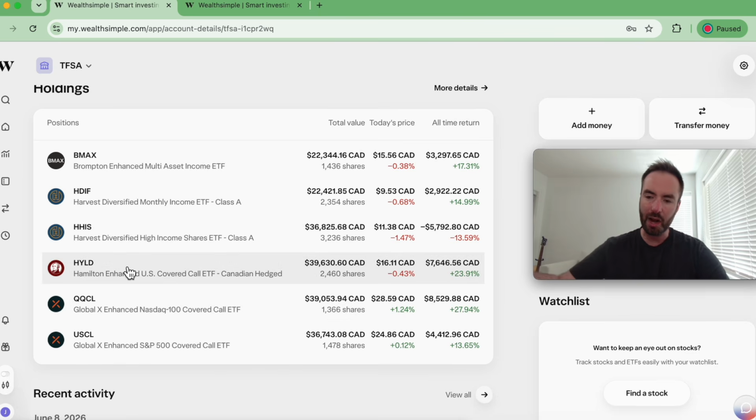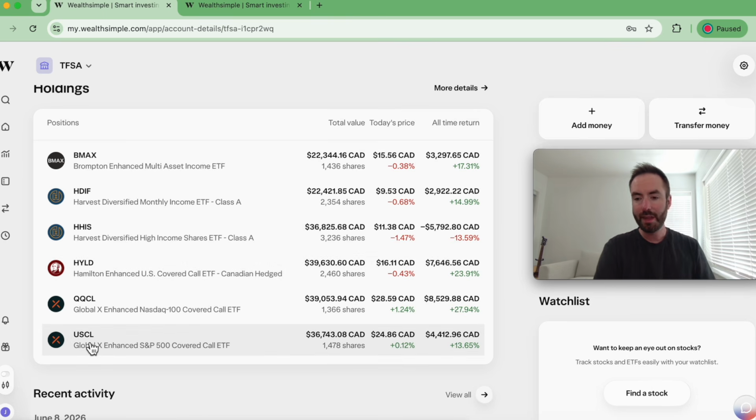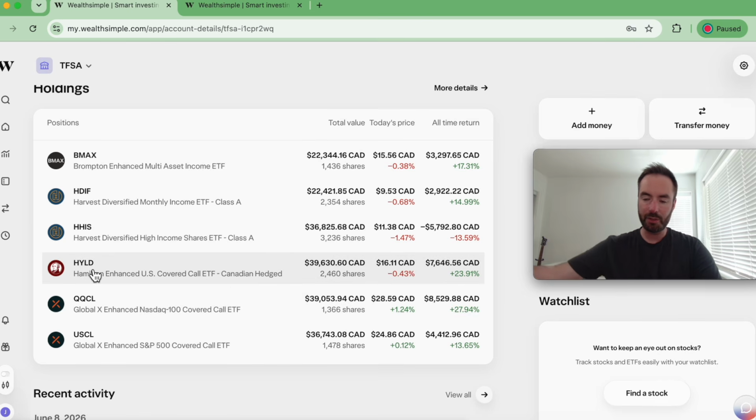I consider this a proxy index fund to mimic the sector mix roughly of the S&P 500. But it's more of a stock selection kind of fund, whereas the Global X will write the call options on the index. HYLD does it on individual companies within HYLD.